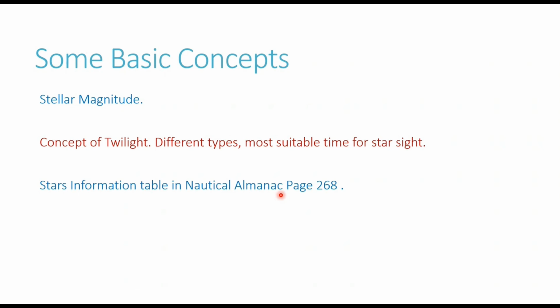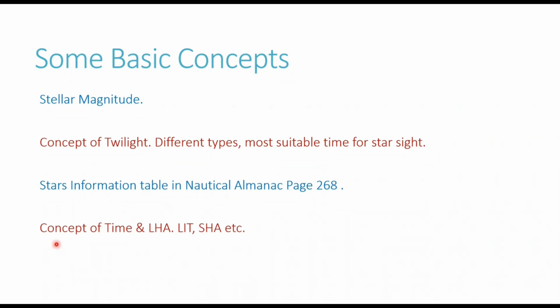But there are many more stars in the sky which may be used for sight taking. So all these stars are listed in a separate table in the nautical almanac. And since we are using the 1992 nautical almanac for our exam purpose, in that almanac, we have that star table given at page number 268. So we will just have a look at how the table looks, and what all information the table provides to us.